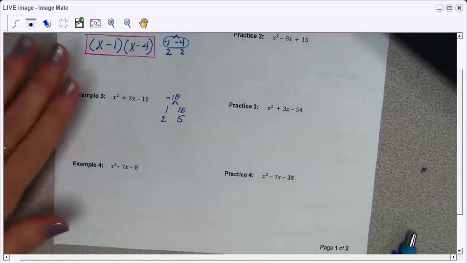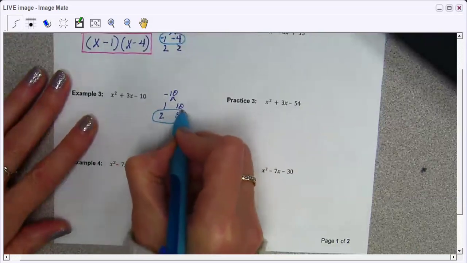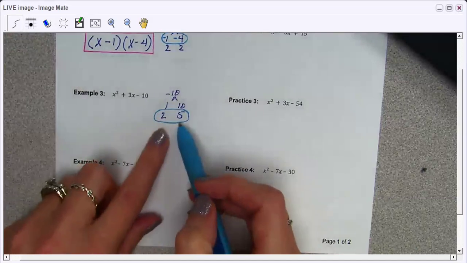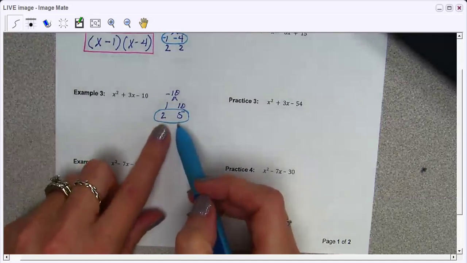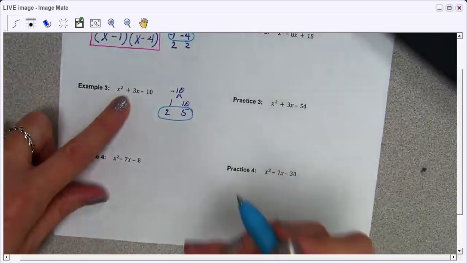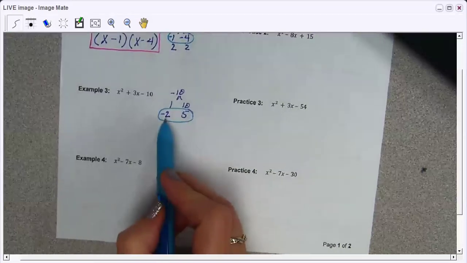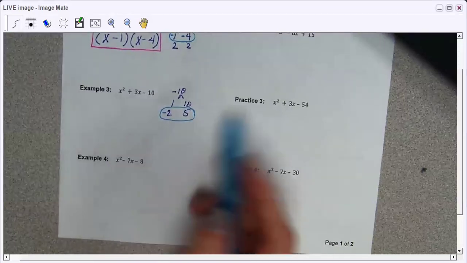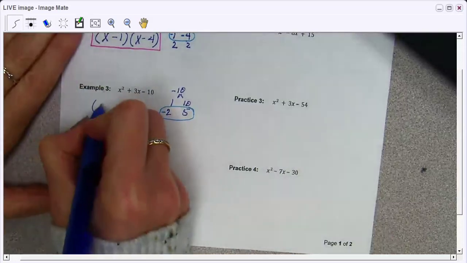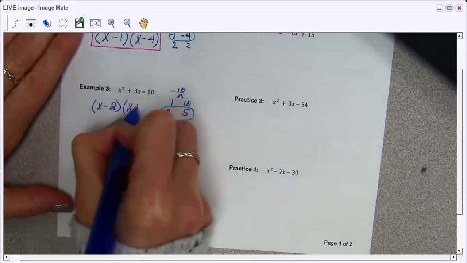Okay, well, I can see that 2 and 5 will if we subtract them. So now when we subtract 2 and 5, which one of these has to be negative in order to give us a positive 3? The 2. Okay, so 5 minus 2 is 3, or negative 2 plus 5 gives us a 3. So in this case, we have x minus 2, x plus 5.